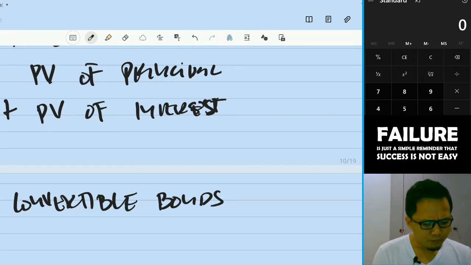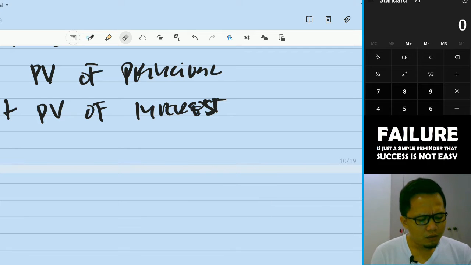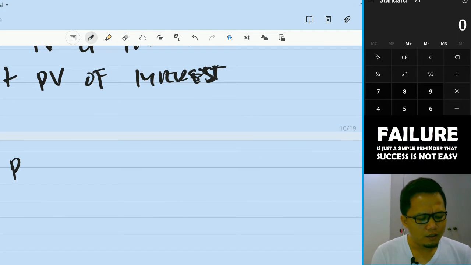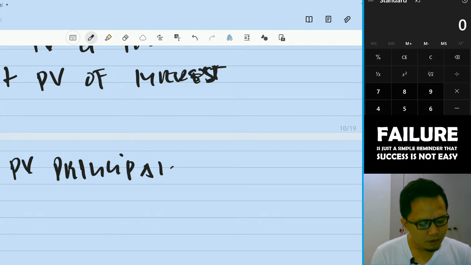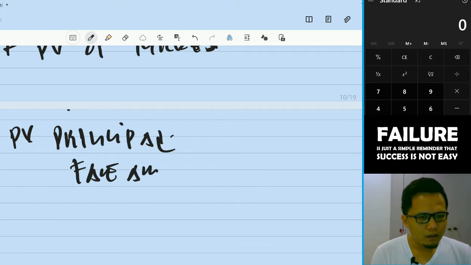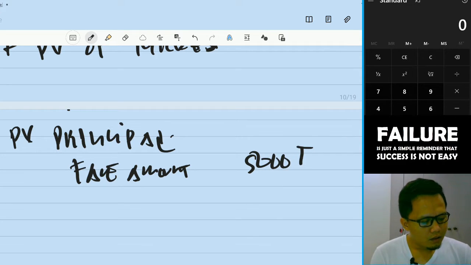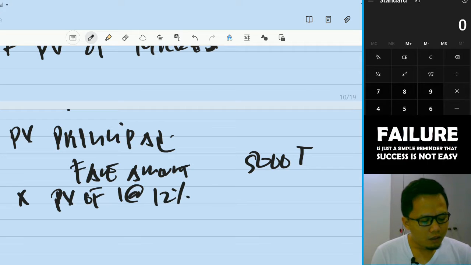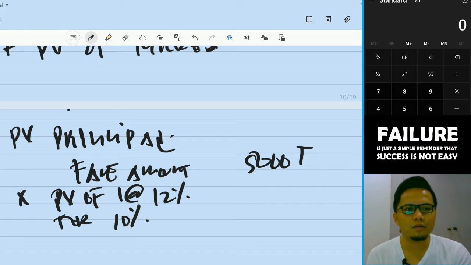The present value of the principal is computed as the face amount of 5 million multiplied by the present value factor of 1 at 12% for 10 periods.